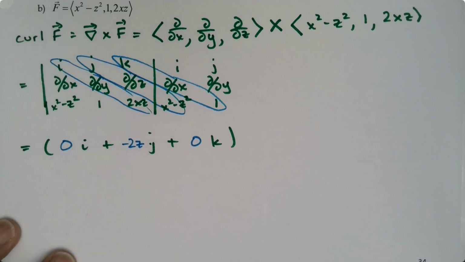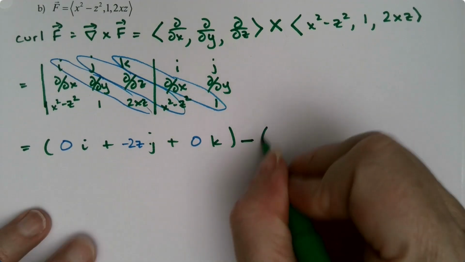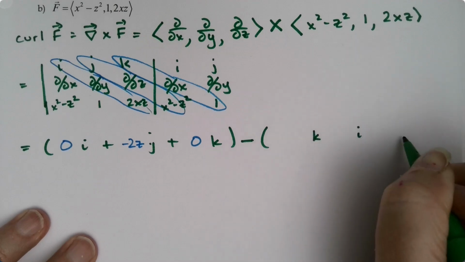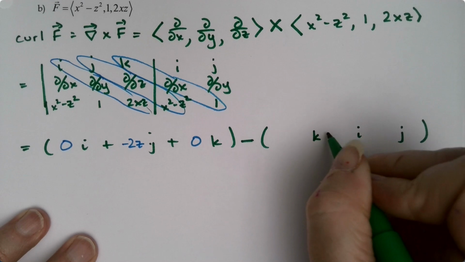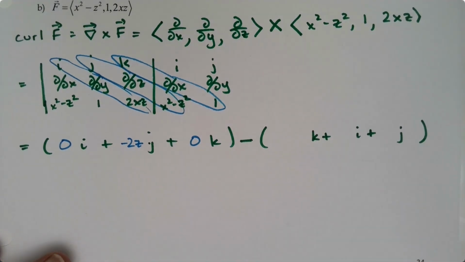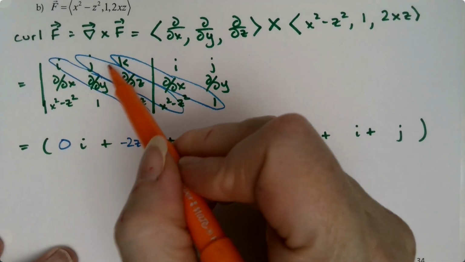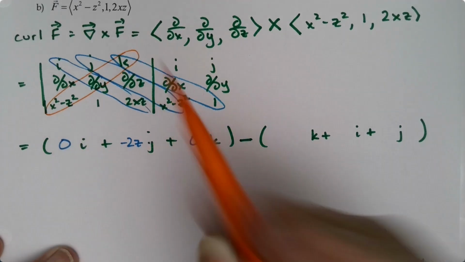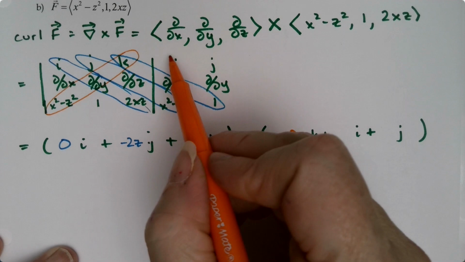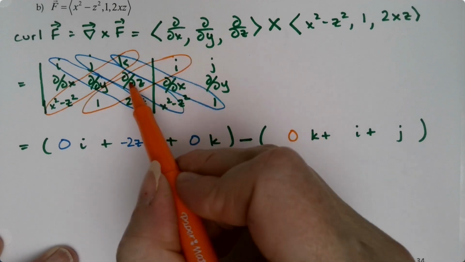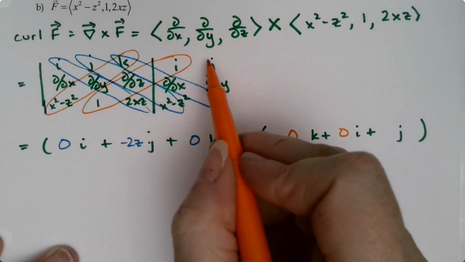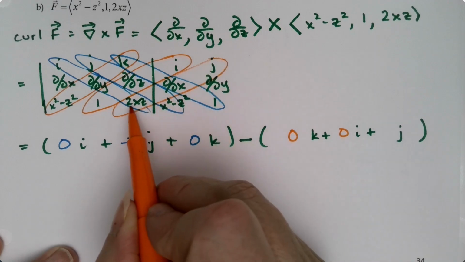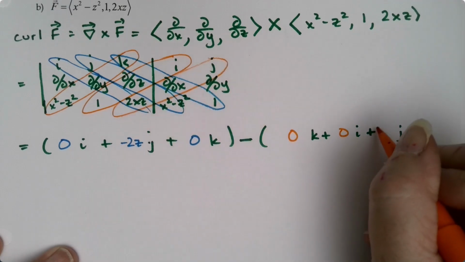Now let's do the three backward direction ones. So it's going to be minus something, and it goes k, then i, then j. All right, so in the backwards direction, the derivative with respect to y of that function is 0. The derivative of 1 with respect to z is 0. Oh, but the j term is going to work out. The derivative with respect to x of that is 2z.